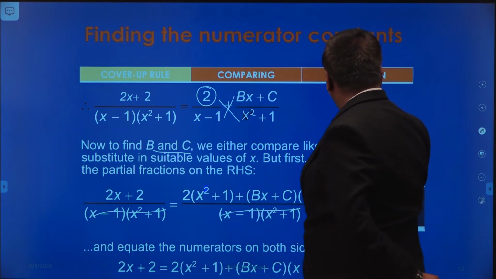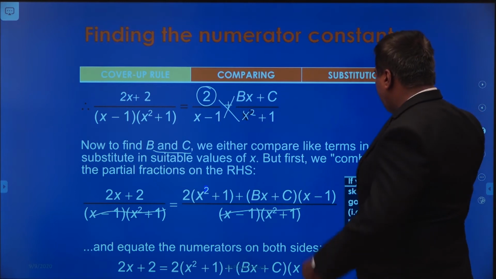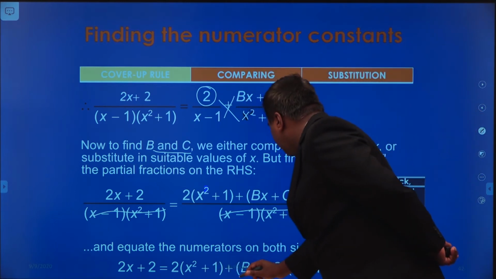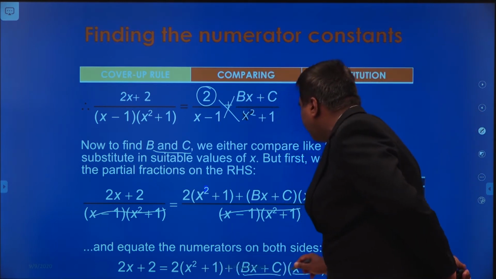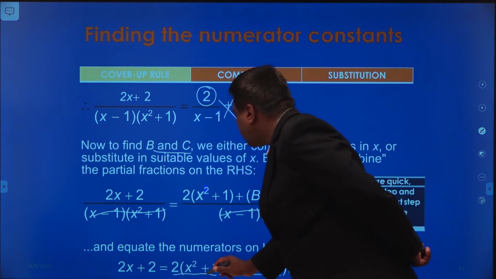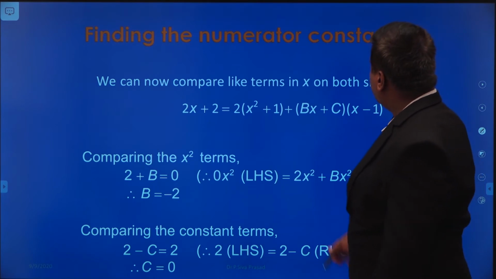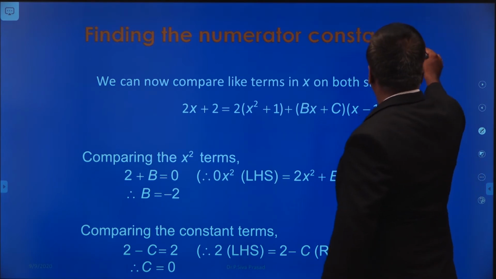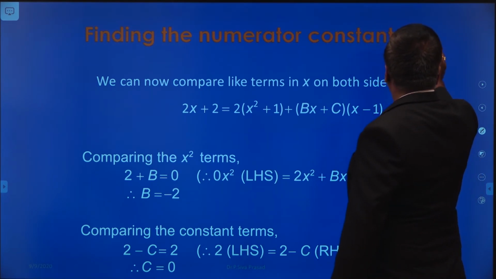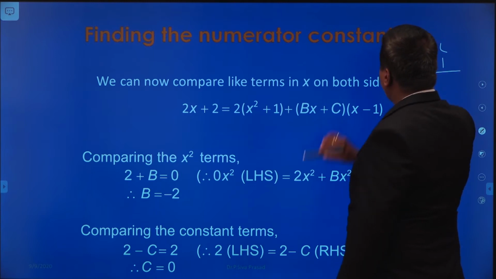Here I have to simply multiply and directly evaluate this one. Now bx plus c into x minus 1, this is the operation only. So bx into x, that is bx square.